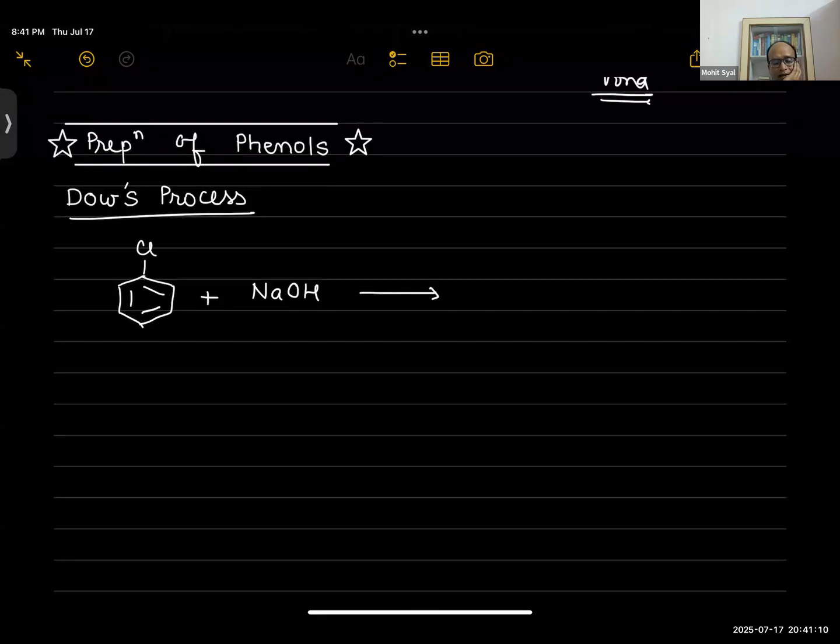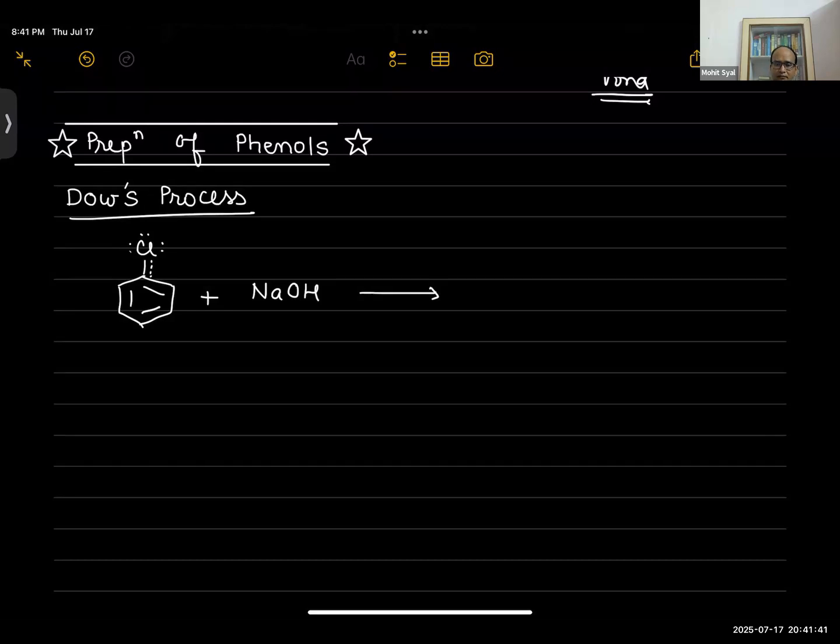It will be less reactive, Ibrahim, because there is resonance happening between the lone pair of electrons on chlorine and the pi electrons, due to which the chlorine and carbon form an extra double bond character, which makes the removal of chlorine from benzene difficult.